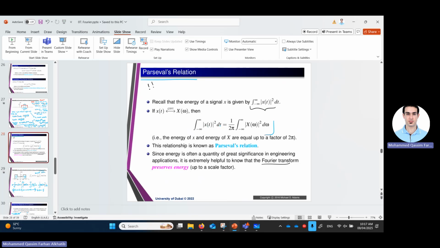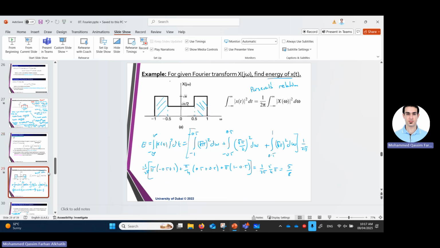And that's equivalent to taking the integration of the Fourier transform magnitude squared, divided by 2 pi. That's the Parseval relation. So they're kind of the same expression, except you have the 2 pi factor.